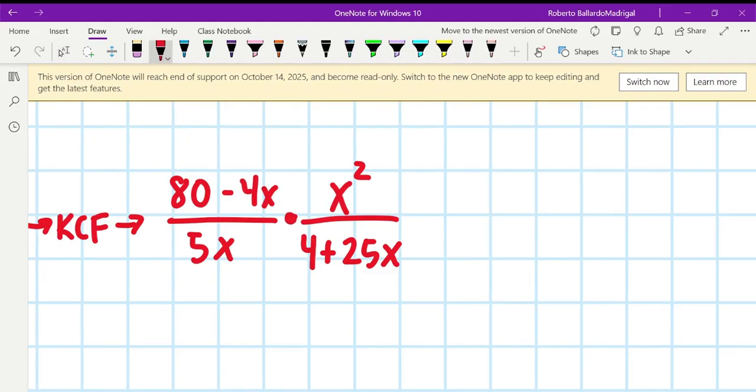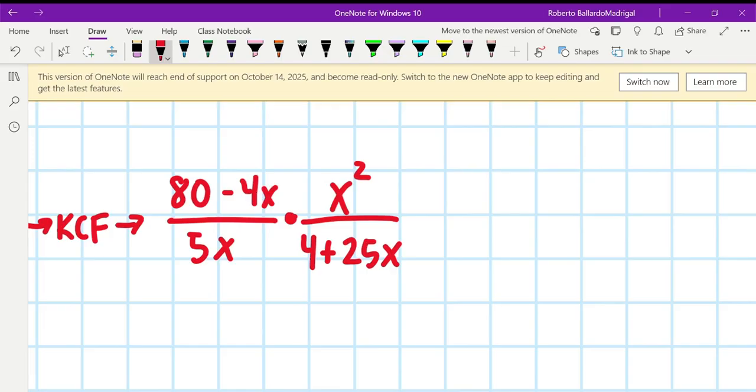Before we multiply straight across, we are going to see if there's anything we can cancel out. Between 80 and -4, I could take out a 4, but I don't know if it's going to cancel with anything from this side because 25 and 4 don't really have a common factor.